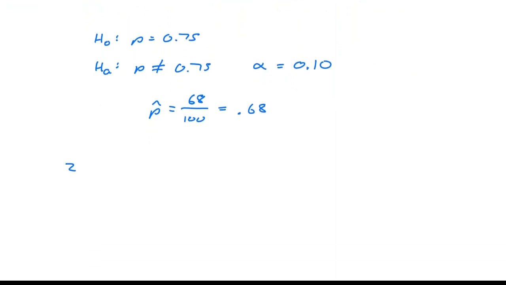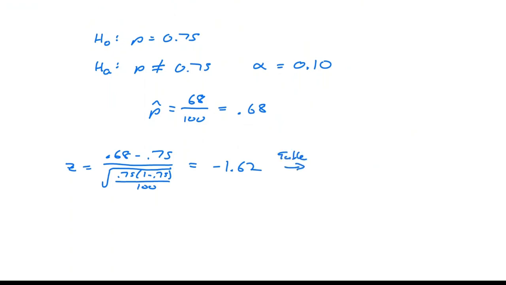All right, so z is 0.68 minus 0.75 divided by the square root of 0.75 times 1 minus 0.75 all over 100. And that gives us negative 1.62.